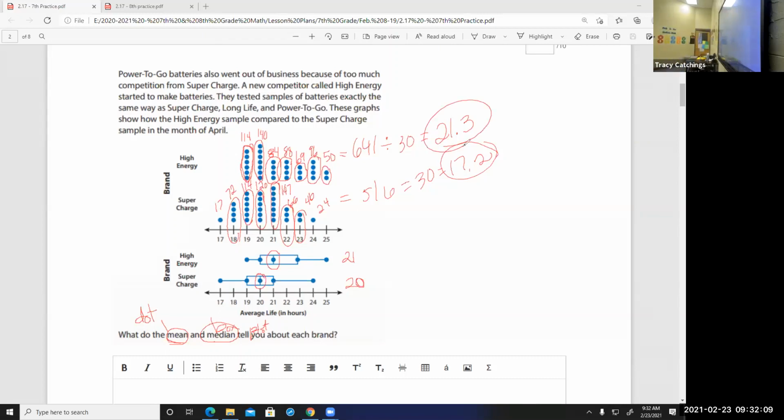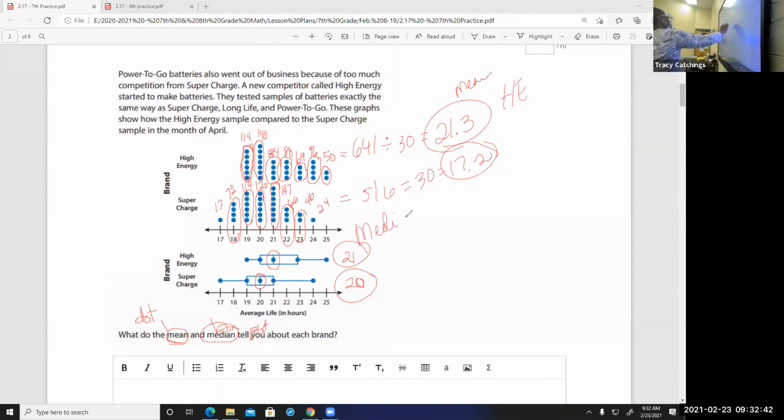So we found the means of high energy and supercharged, and then we found the median of high energy and supercharged. What does this tell us about each brand? All right, what's the mean of high energy? All right, the mean was 21.3.